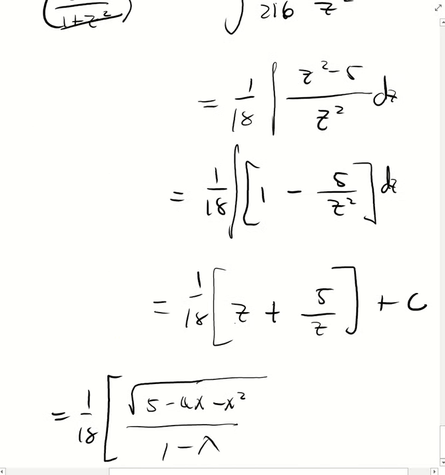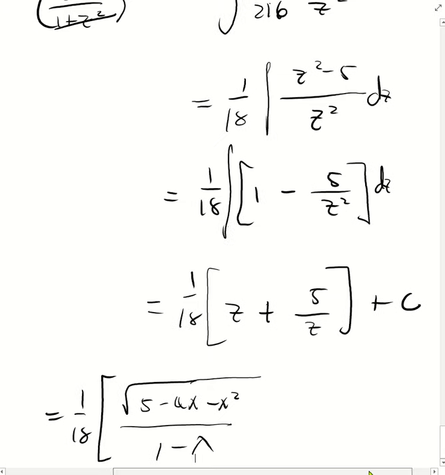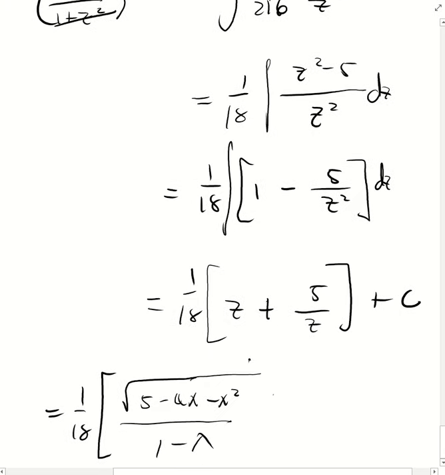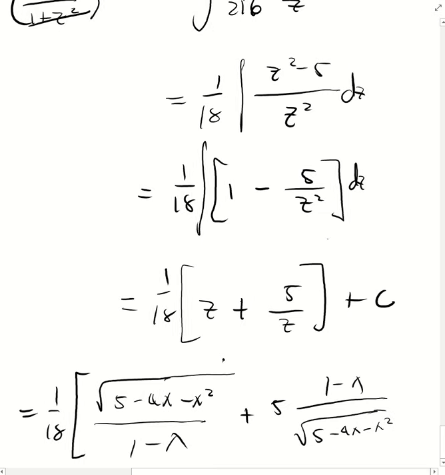Then plus 1 over z, you just invert that one. So it will become plus 5 times 1 minus x all over the square root of 5 minus 4x minus x squared. Then plus c.